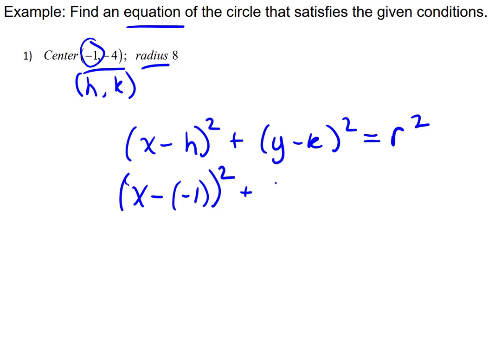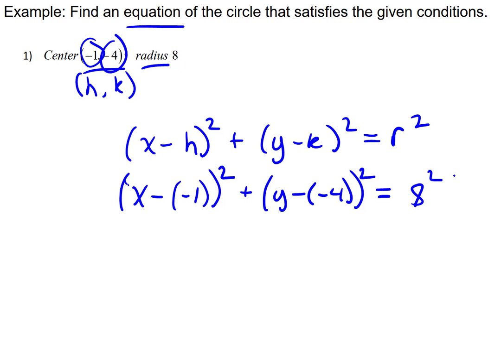Well, for us, that would be (y minus -4) squared. Again, k is -4 in this particular example. And then that's all equal to r squared. Well, the radius is given as 8, so we'll write it as 8 squared in the equation.